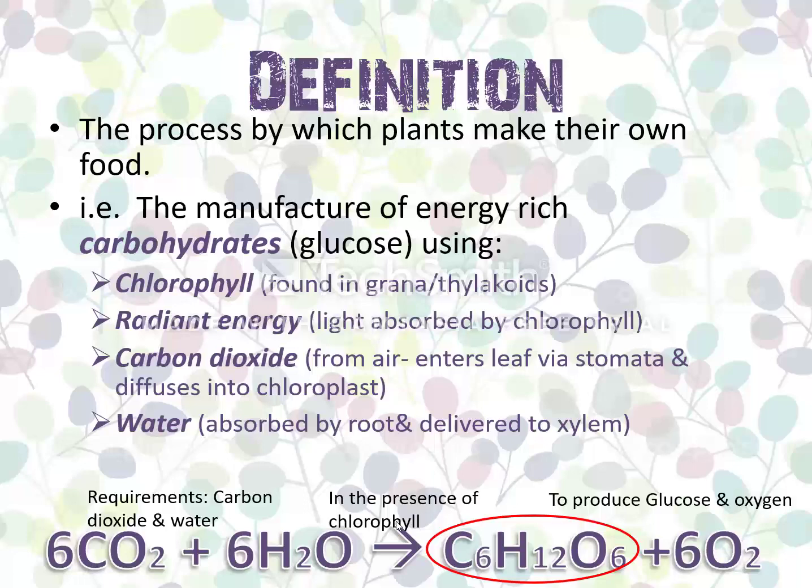You'll see that I've circled the glucose in red because glucose is the essential product. It is the reason why photosynthesis is happening. A plant does not undergo photosynthesis because it cares about you breathing. The tree that you look at when you stare out of your window does not think, oh, poor little grade 11 child, this child really needs oxygen to breathe, so I will undergo photosynthesis. That is not its point.